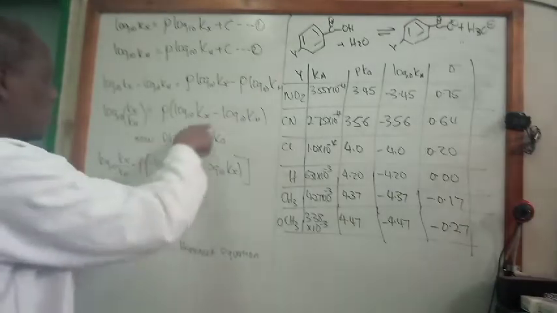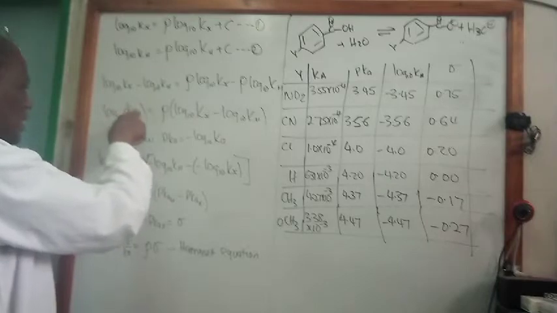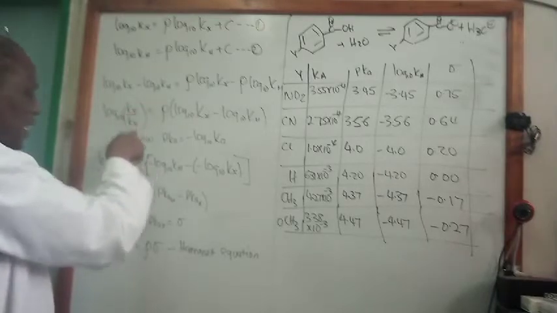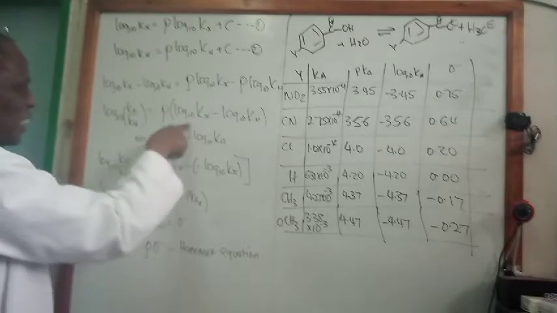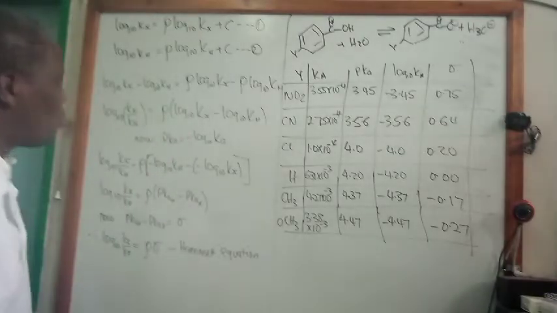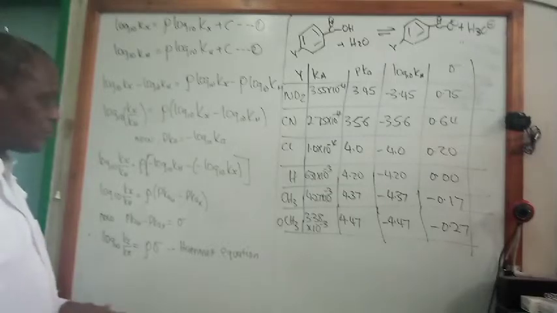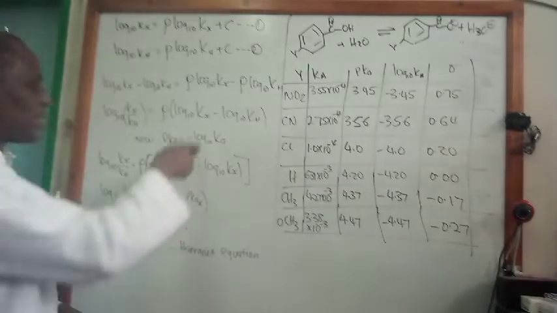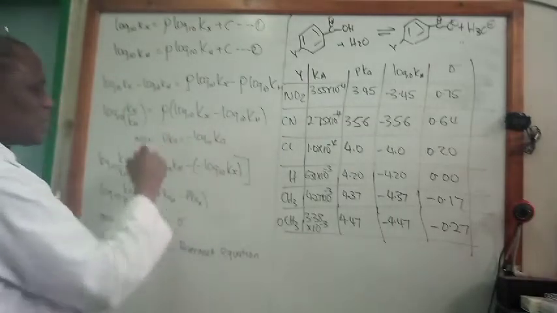So if I'm just going to rearrange the same equation again and say log base 10 of the rate constant for kx and kh is equal to rho. In this case, what I'm going to do is express this equation in terms of the pKa.